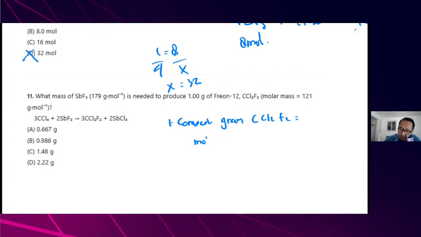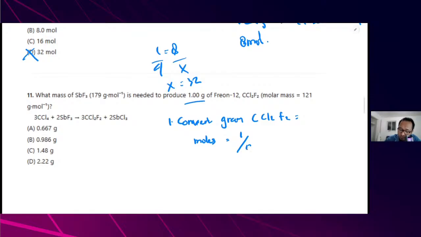So moles is 1 gram over 121 gram per mole, and the answer is 0.00826 mole.